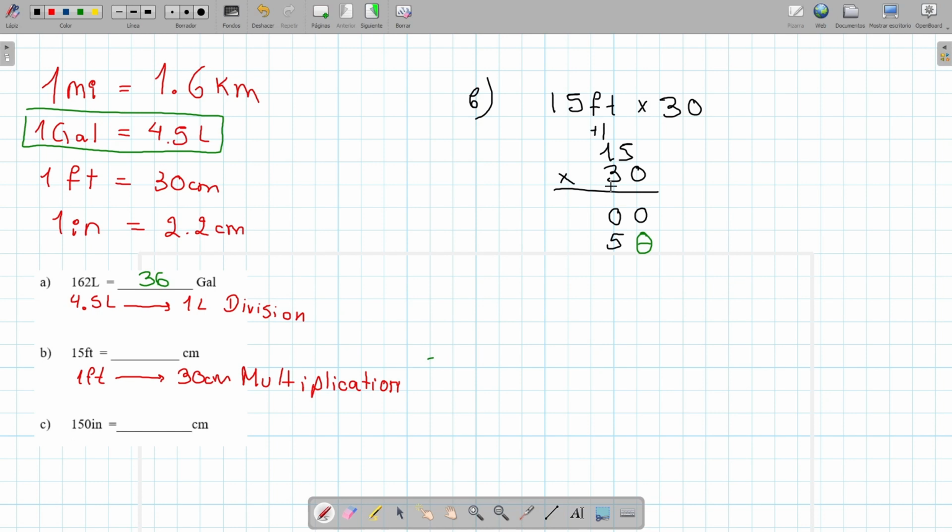We add 1. 3 times 1, 3, plus 1, 4. So 0 plus 0 is just 0. 0 plus 5 is just 5. And nothing with 4 is just 4. The result is 450 centimeters because we are transforming into centimeters.